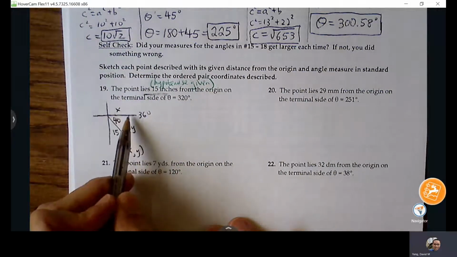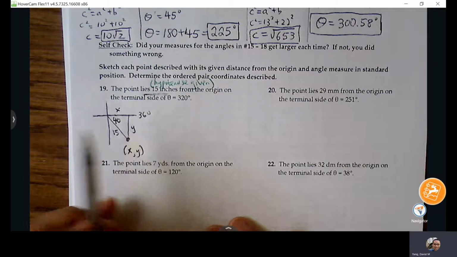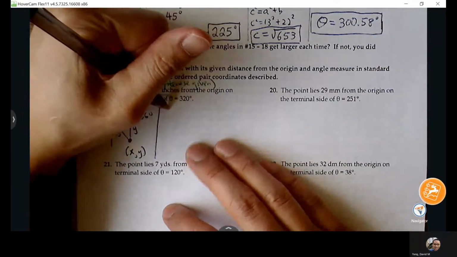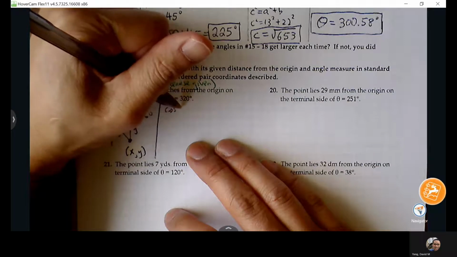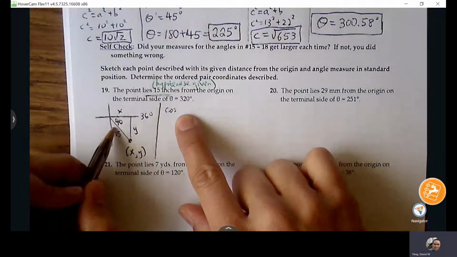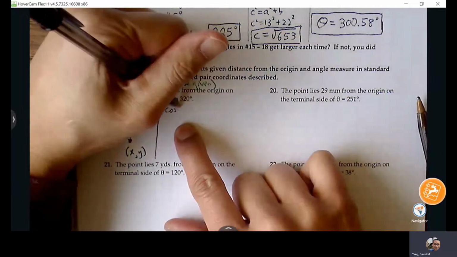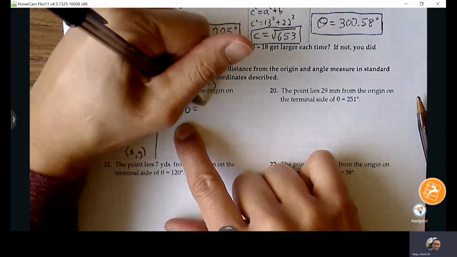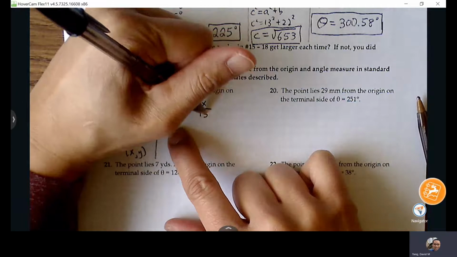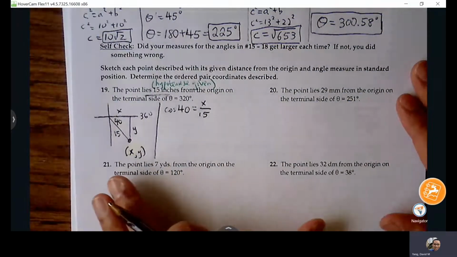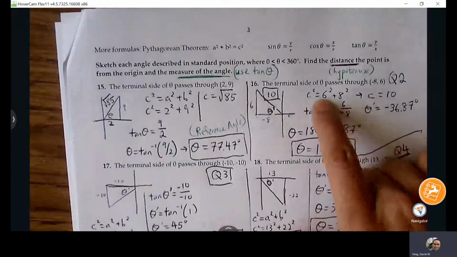So to find x, we can use cosine. To find y, we can use sine. Cosine of theta is equal to x over 15. My theta is 40, so cosine of 40 is equal to x over 15. You see a similar formula above.